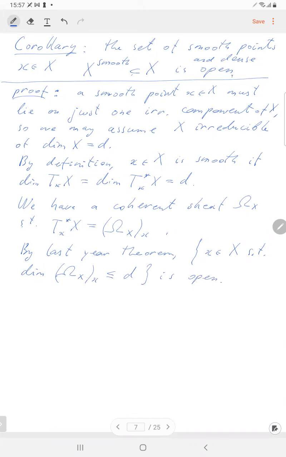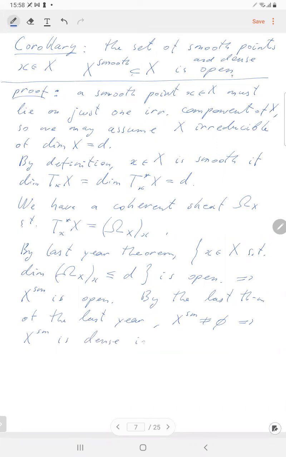So there we are. Hence, X smooth is open. And again, by the last theorem of the last lecture, X smooth is non-empty, hence it is dense in X. Okay, there we are.